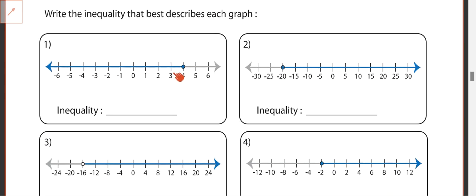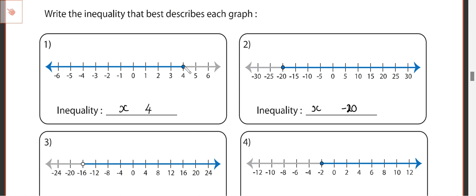So the next sheet, you've been given the lines. So we're going to start with x. Now we look at the dot, it's on a 4, so I'm just going to put 4. Right? This one, x, it's on negative 20, so I'm just going to put negative 20. Now I've just got to sort out the signs in between.